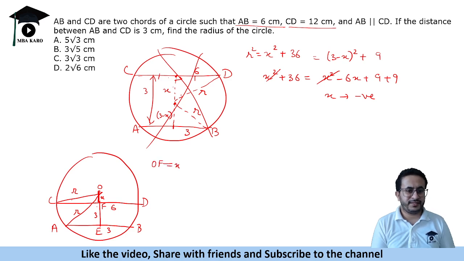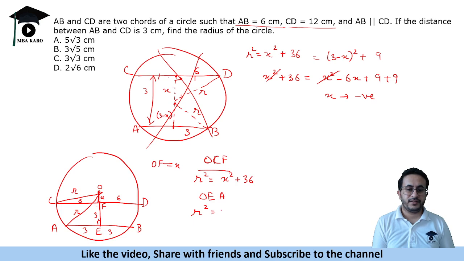When you look at triangle OCF, R square is equal to, this part is 6 since it cuts into 2 equal parts, so R square is equal to X square plus 36. In the other triangle, OEA, R square is equal to, this part is 3 because it cuts into 2 equal halves, and this is 3 plus x, so (x plus 3) whole square plus 9.